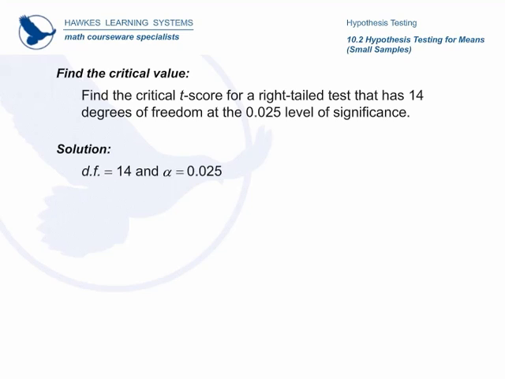So for our solution, our degrees of freedom equals 14, and our level of significance, or alpha, equals 0.025. So we take our t distribution table at our level of significance of 0.025, and the table indicates that that equals 2.145.